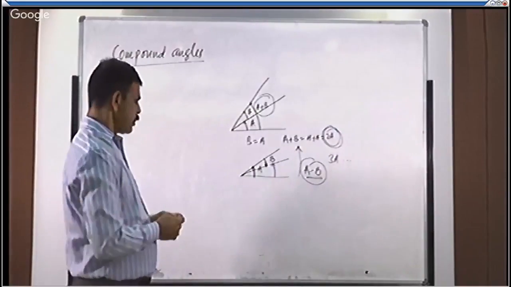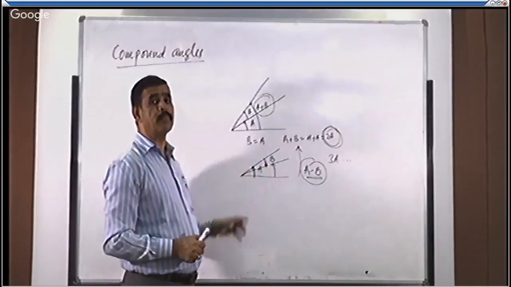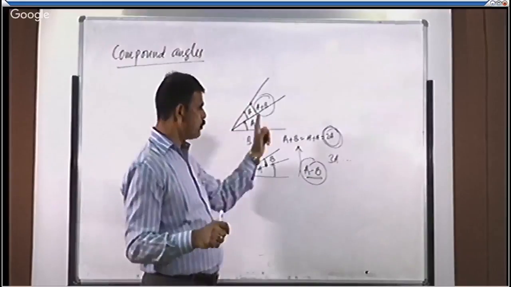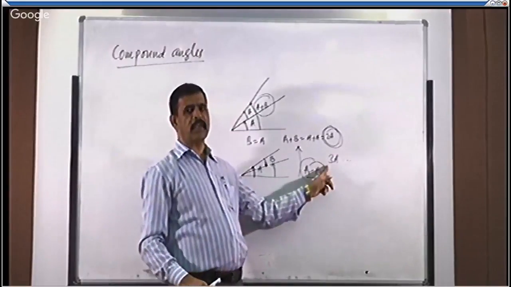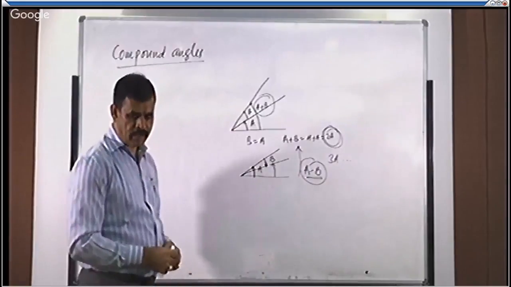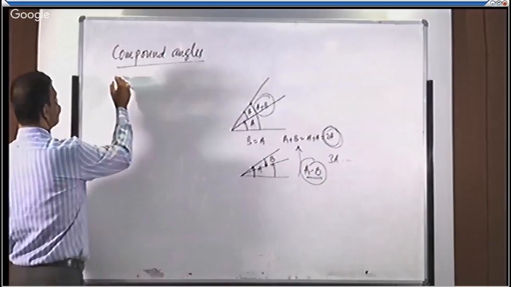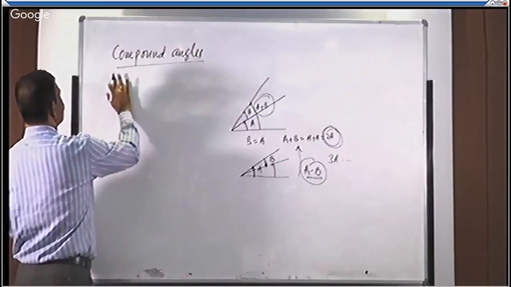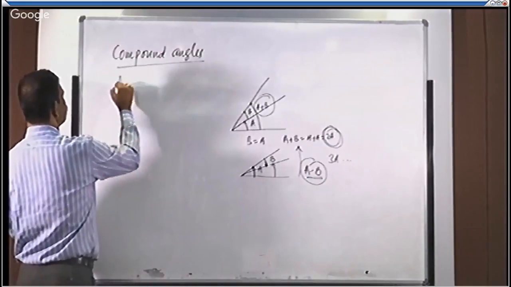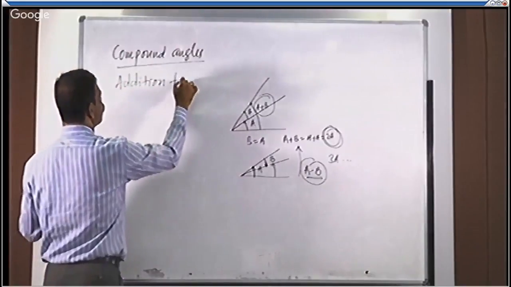Suppose I take trigonometric ratios of a compound angle: what is sine of A plus B? What is sine of 2A? What is cos of 3A? Those formulas we can derive, right? In compound angles, we will classify them as addition formulae.